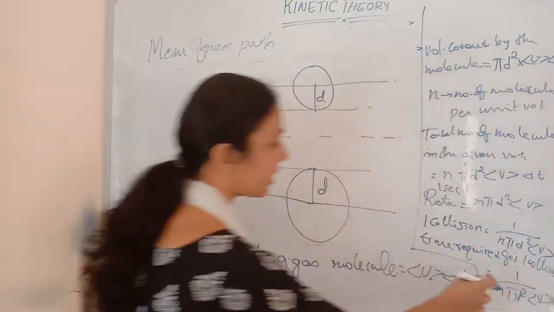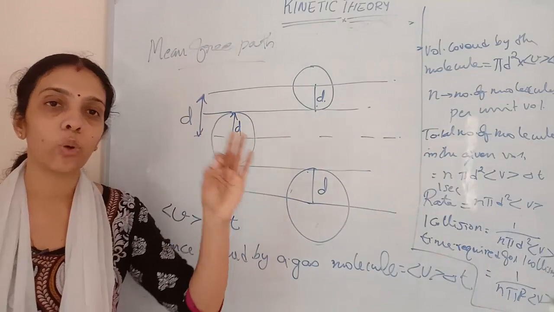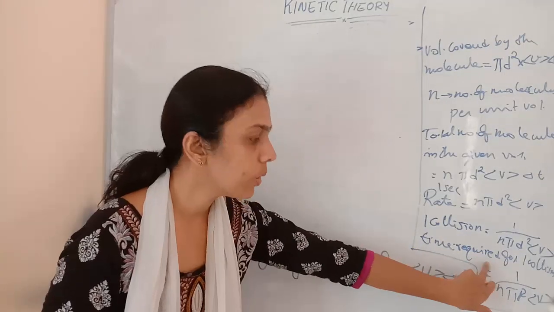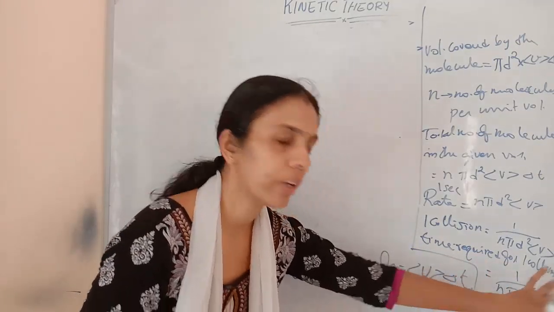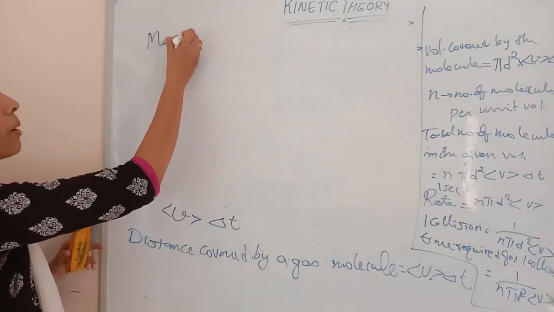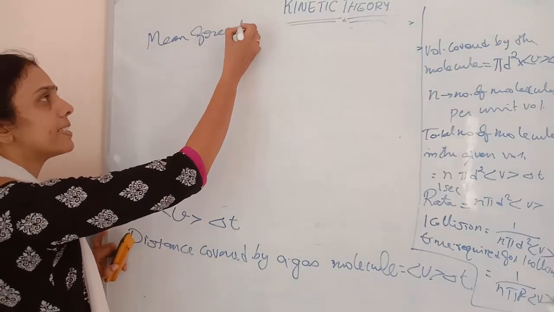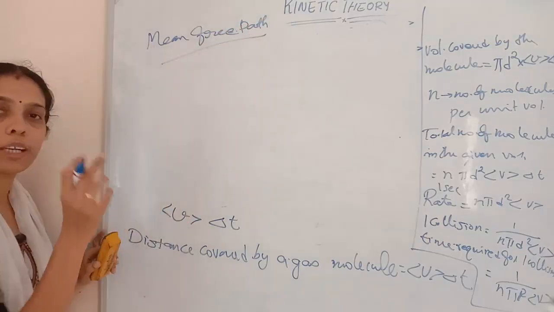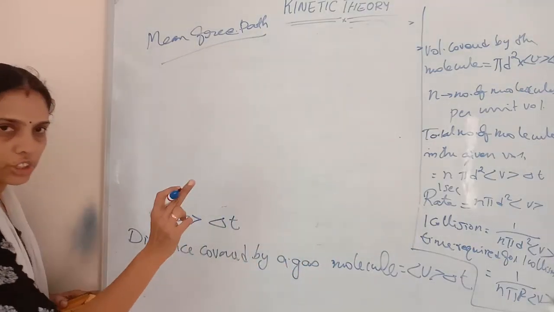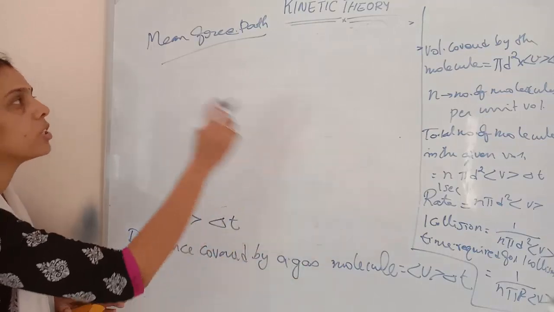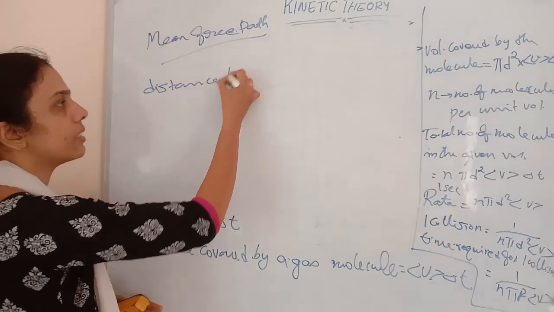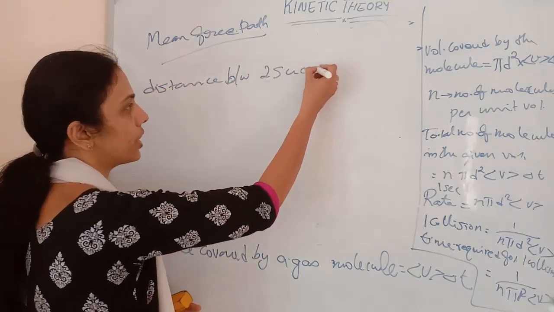So for one collision we got 1 by n pi d square average velocity. The mean free path is the minimum distance covered by the molecule to travel without collision, that is, the distance between two successive collisions.